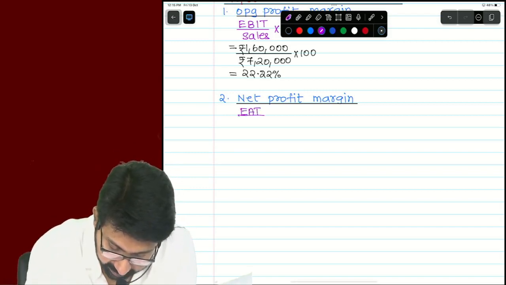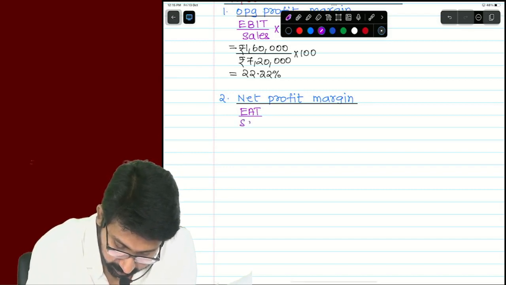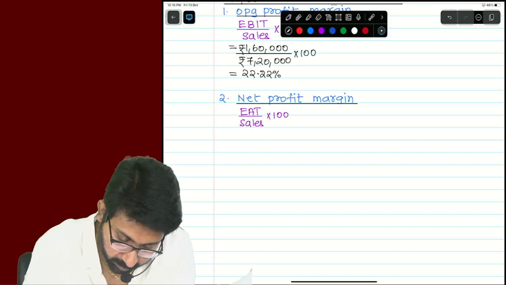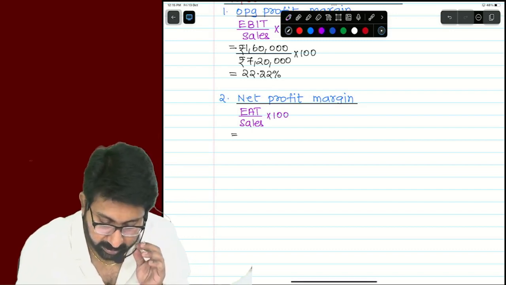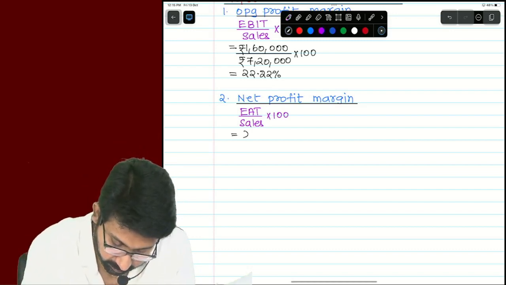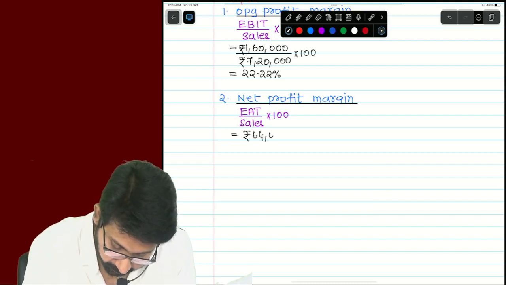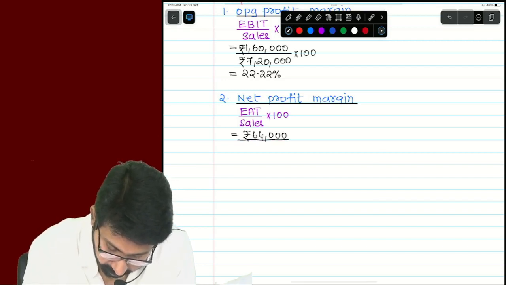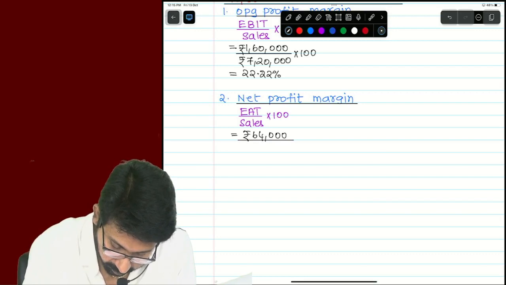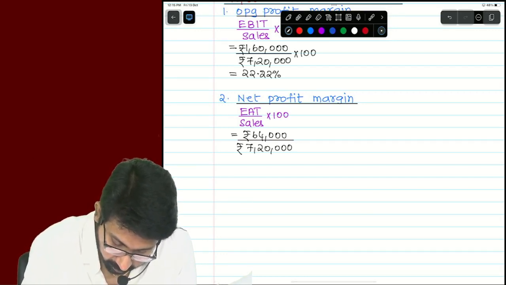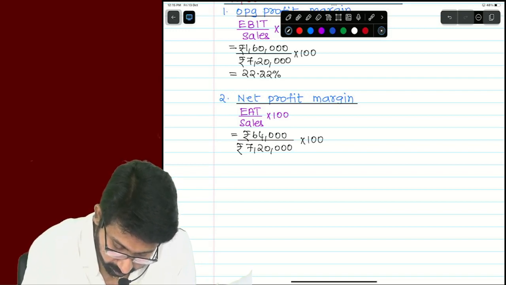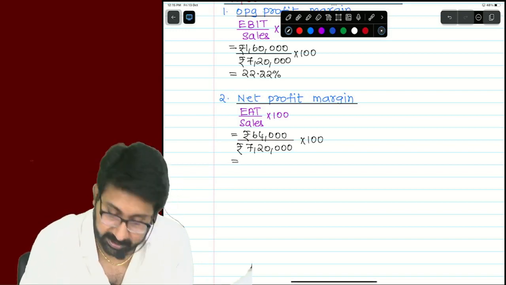EAT divided by sales into 100. EAT is how much? Tell the percentage. 8 point.